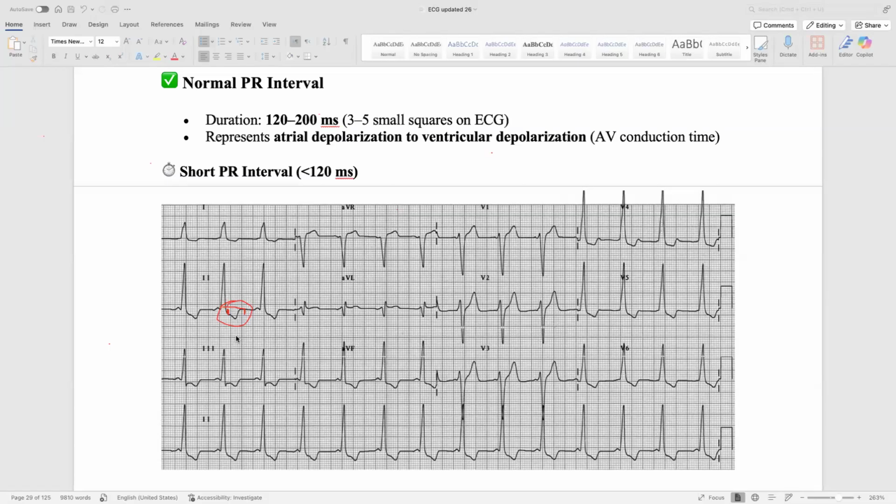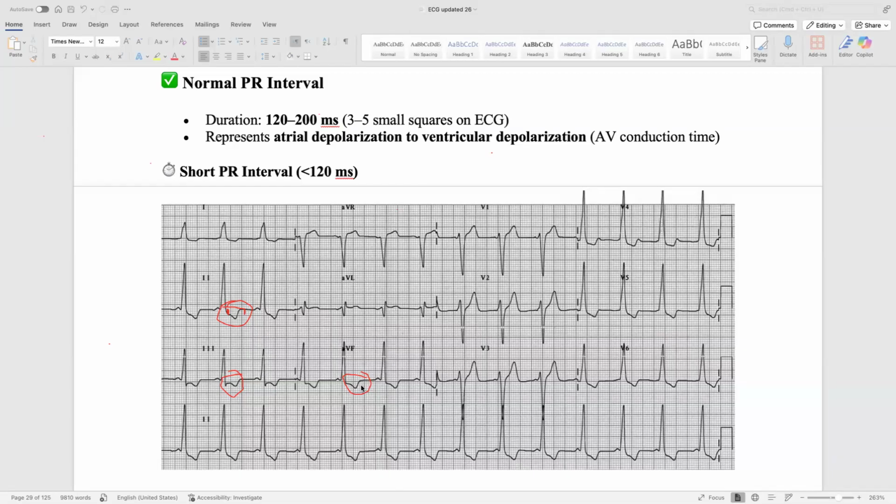Where, in which leads? Lead 2, lead 3, and aVF. Which part of the heart? Inferior leads.